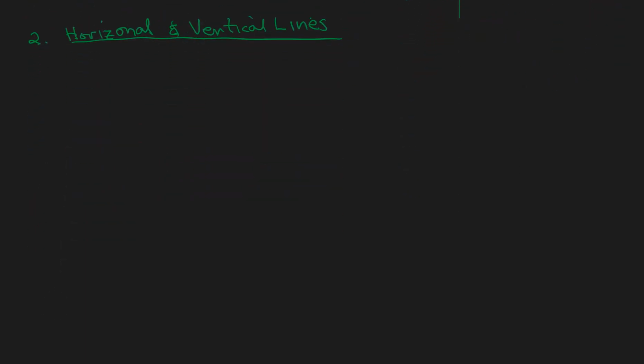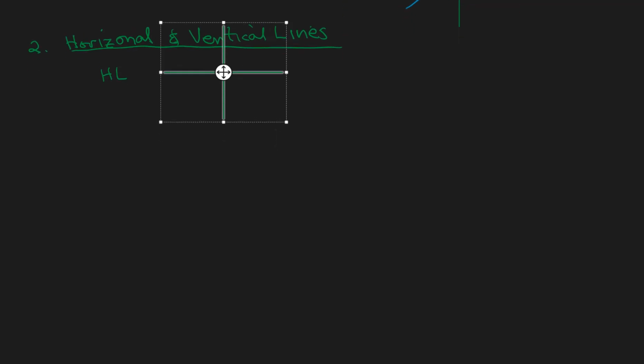In the first case, let's say we're talking about a horizontal line, I'll abbreviate that as HL. Recall that a horizontal line is going to look something like, well, we'll just work with that.